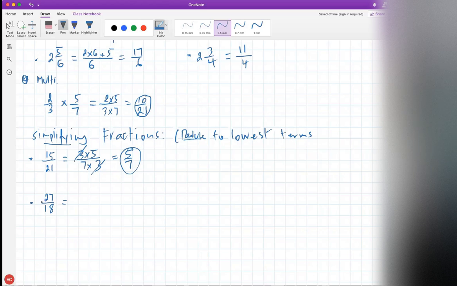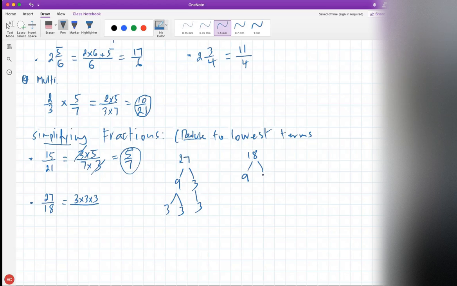So let's break down both of these numbers. 27 is basically what? 9 times 3. That's right. 27 is 9 times 3, which is 3 times 3 times 3. Let's write it down. Here we have 18. 18 we can write as 6 times 3.